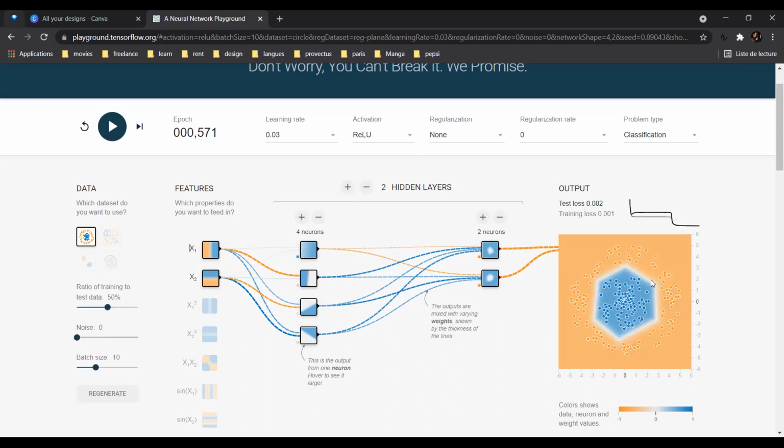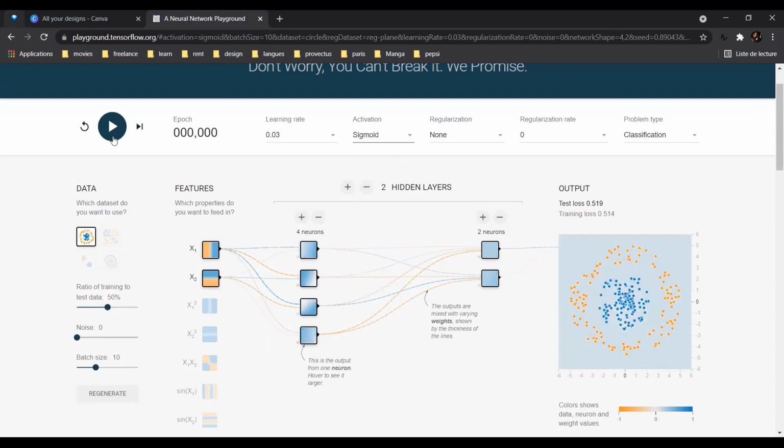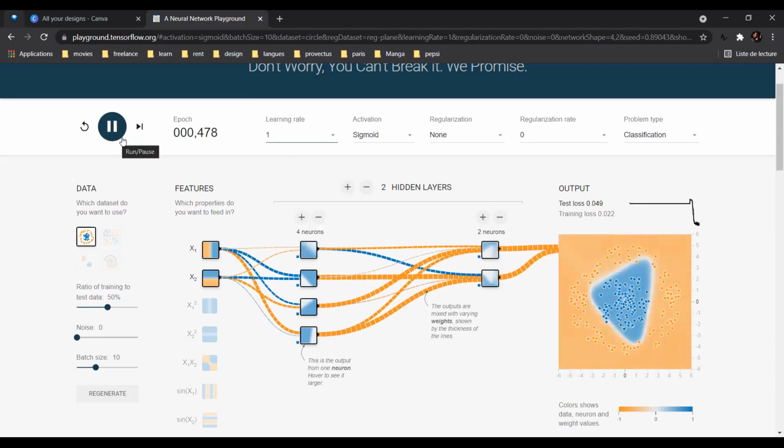Can you see it? Yep. Let's take a look at, for example, how sigmoid would do. Let's try to increase. Yeah, there it is. Okay, so you see, sigmoid is a bit similar to tanh.